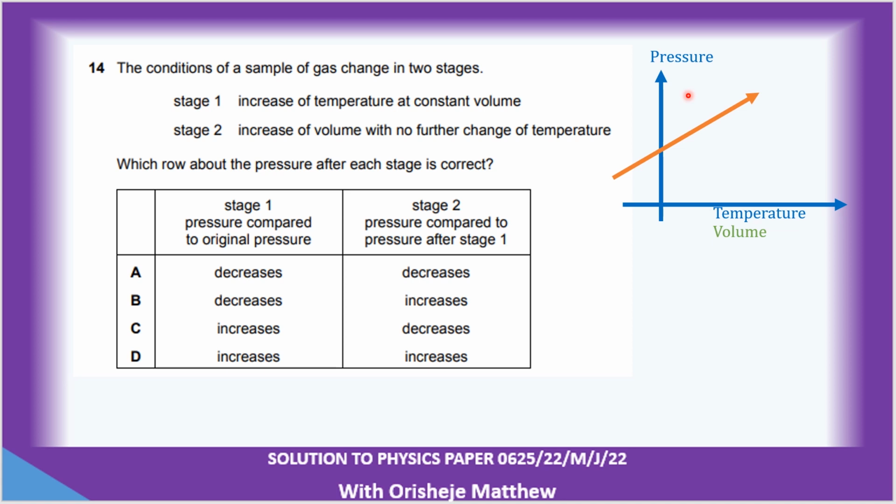So if you look at that, you are increasing the volume but the temperature is not changing, so it remains constant. Stage 1, what happened?